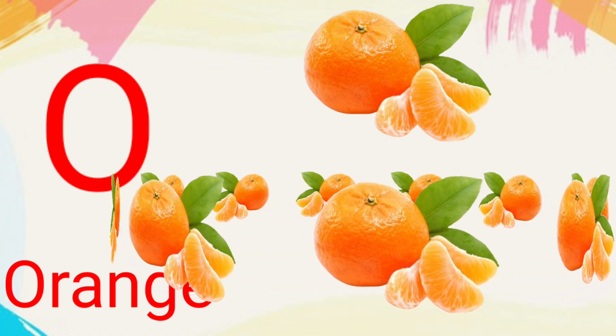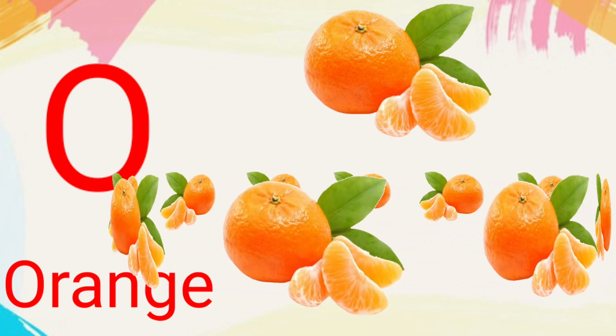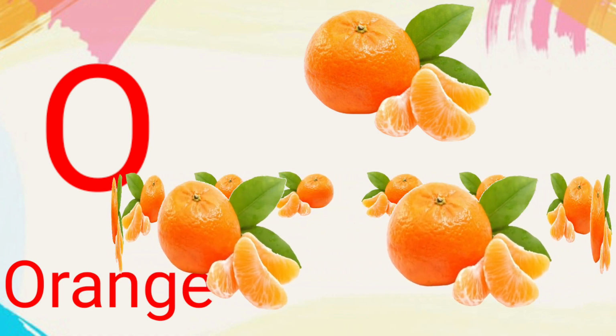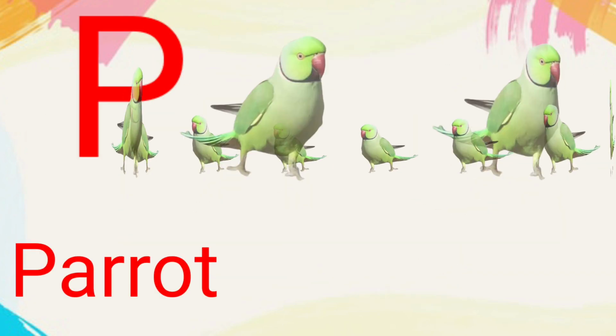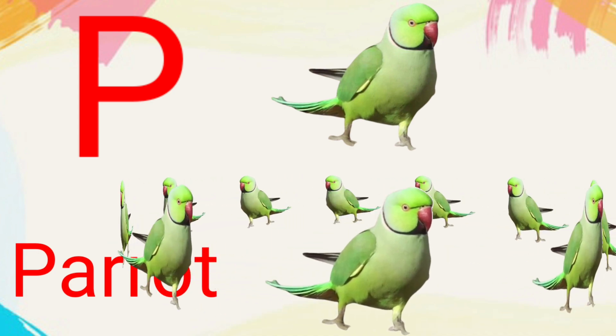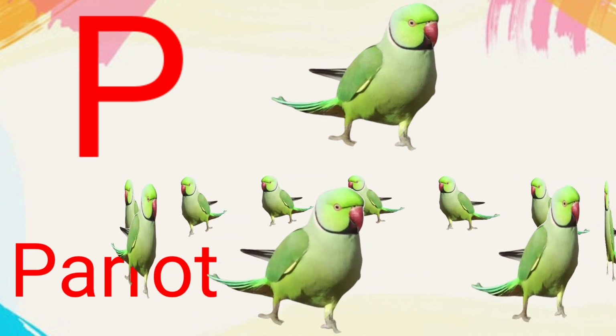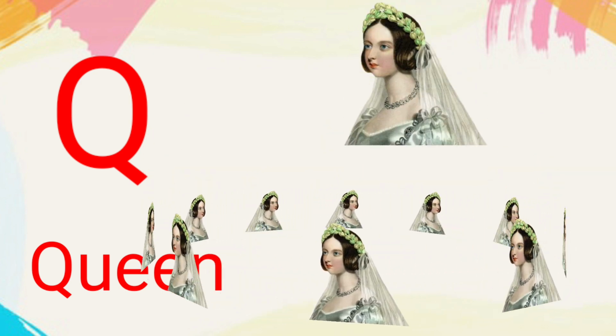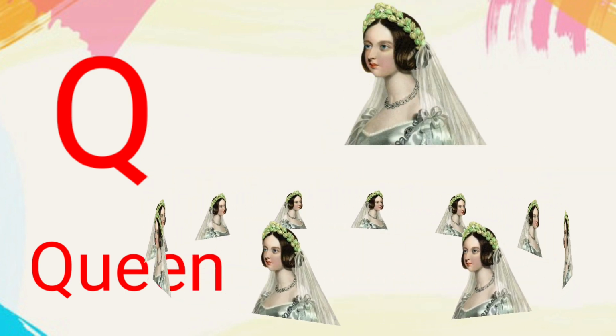O is for orange. Orange. P is for parrot. Parrot. Q is for queen. Queen.